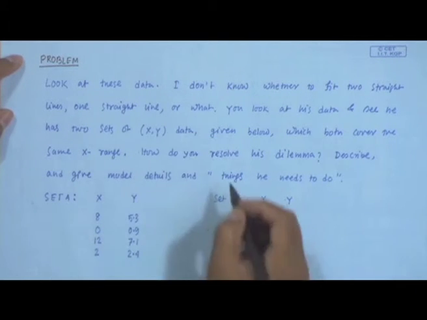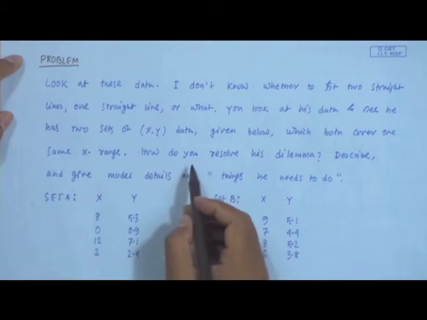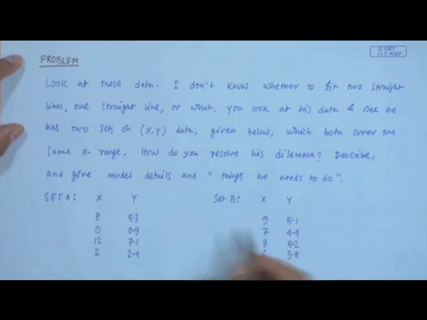Look at this data. I do not know whether to fit two straight lines, one straight line, or what. So, we have two sets of data, set A and set B, and we do not know whether to fit one straight line to all the data together or two straight lines, or what.